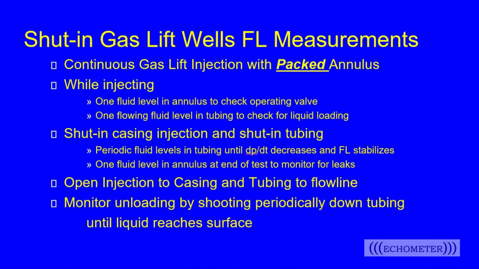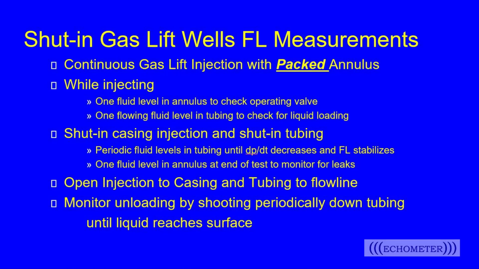So what we might want to do before we shut this well in is take some fluid level measurements while we're injecting. We might want to take a fluid level shot down the annulus, and that way we'll see what valve we're operating out of in our gas lift system. And we may also want to take a liquid level shot down the tubing. Now, if our gas lift system is operating properly, that liquid level should be at the surface.